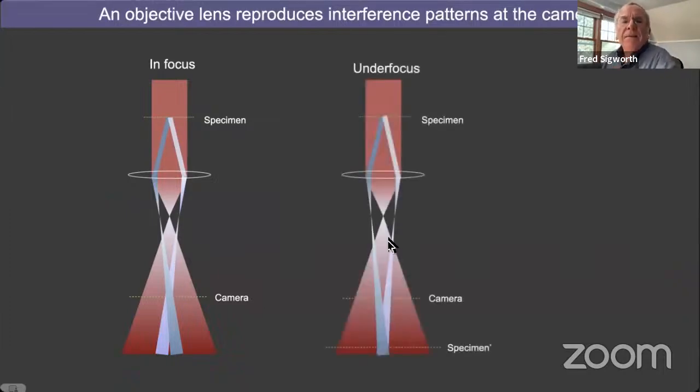And so that means that when we do underfocus, we can actually be looking above the specimen, so to speak. Underfocus means that the actual focal plane, the conjugate plane for the specimen, is down below the camera, and the conjugate plane for where the camera is, is above the specimen. So that's what I mean by underfocus. We're looking above the specimen.